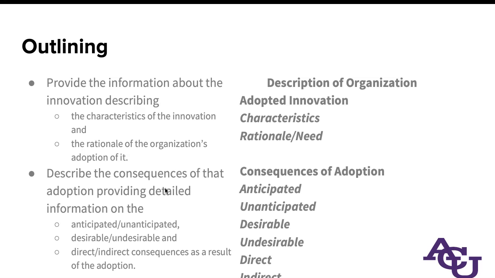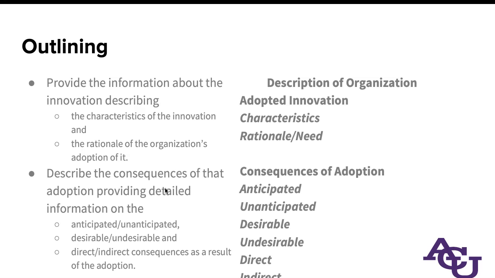Now, depending on how much you have to say about these, they may be things you deal with in 1 paragraph per pair or a paragraph each. It depends on the adoption that you're discussing and how it went with the organization. So, having these headings here, think of them as reminders.